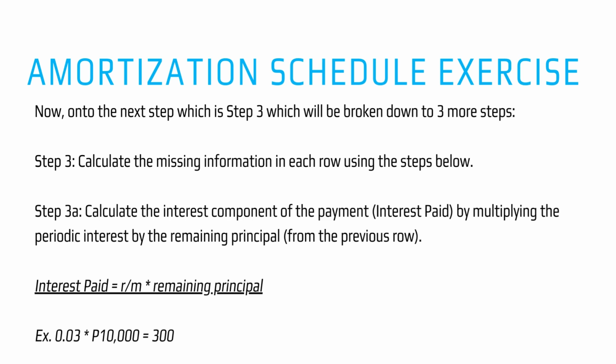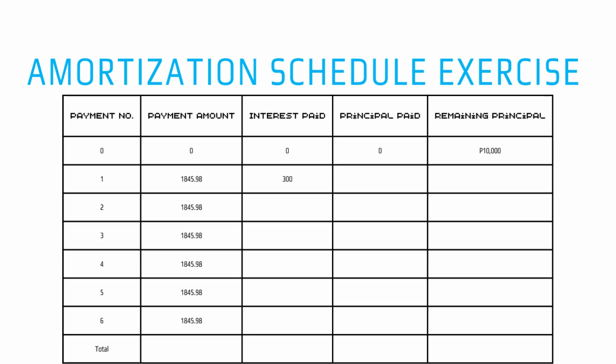Interest paid is equal to R divided by M multiplied by the remaining principal. Here is an example below. As we can see in the interest paid column, we have 300.